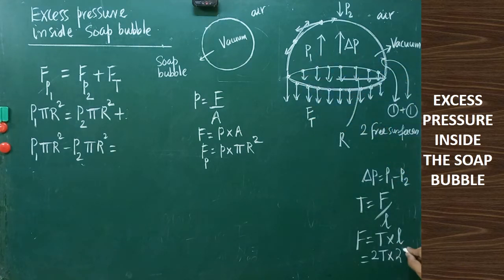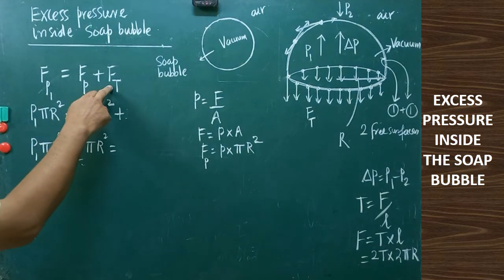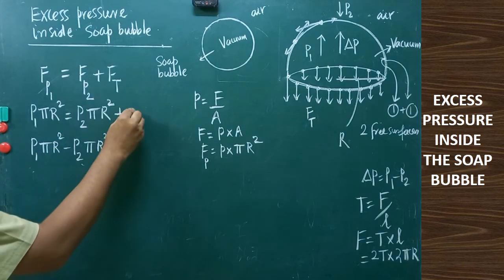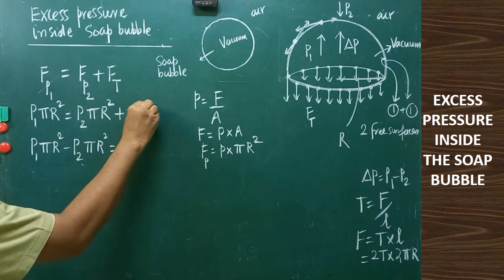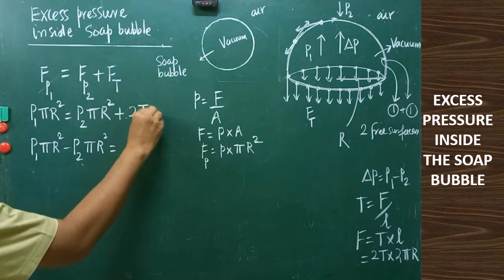How much? 2 pi R. So this is the circumference, and this is the force due to surface tension. Now, in this expression, instead of force due to surface tension, 2 into T into 2 pi R must be written.